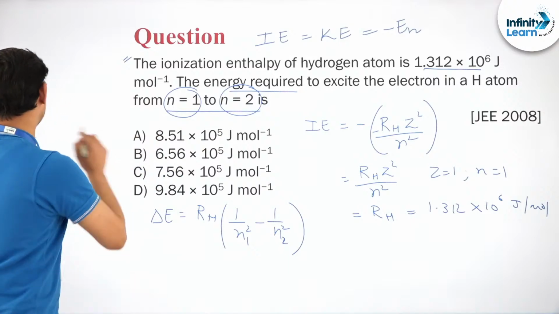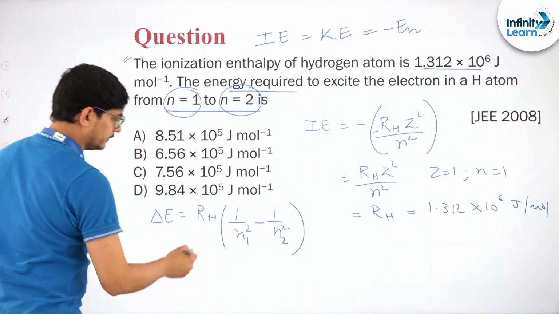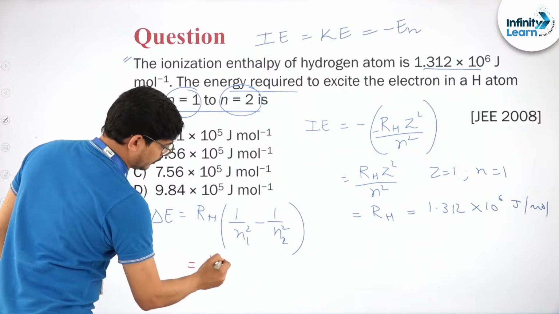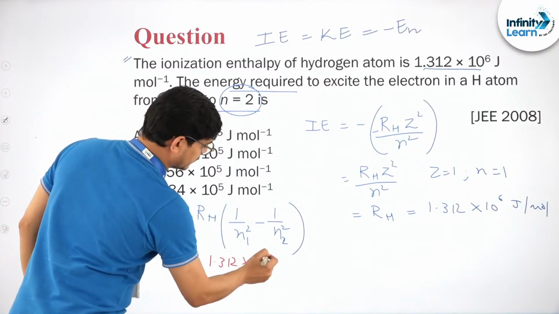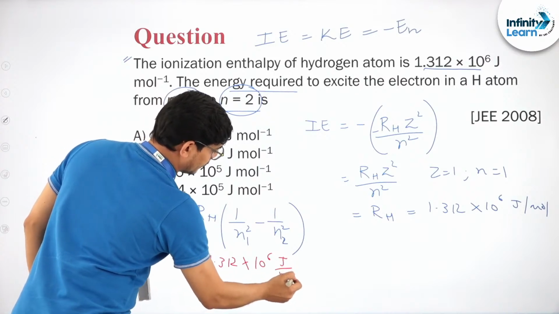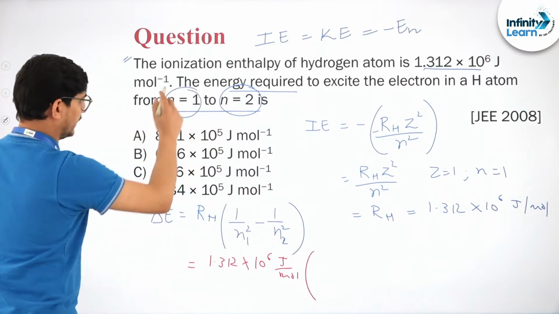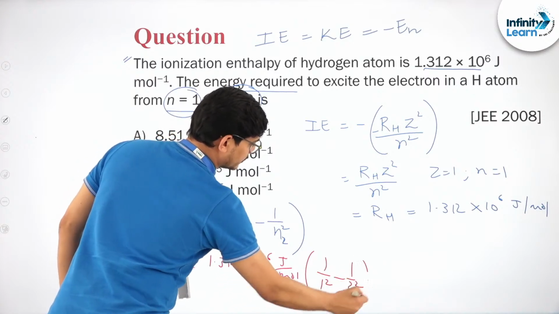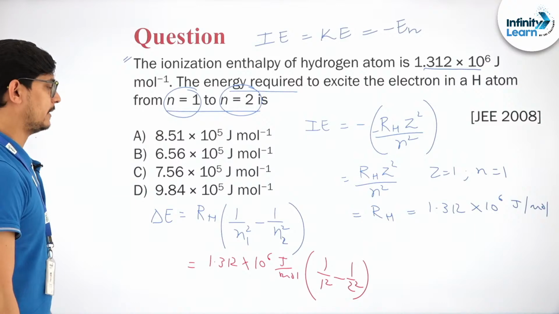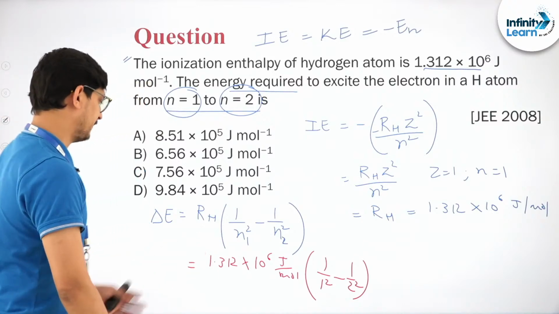It's very easy, just substitute the values in this formula. So it will be 1.312 multiplied by 10 to the power 6 joule per mole, and 1 upon n1 is 1, guys, okay, and n2 is 2, so it will be 1 minus 1 by 4, so it's 3 by 4 basically.